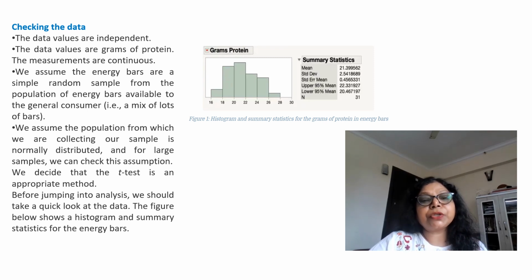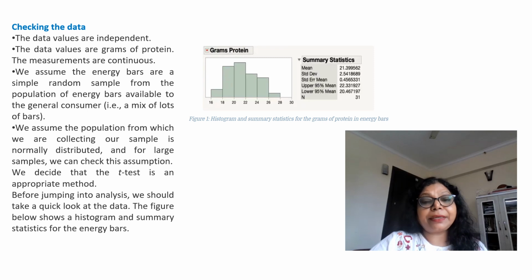Before jumping into analysis, we should take a quick look at the data. The figure shows a histogram and summary statistics for the energy bars. From this diagram, looking at the histogram, we can see that there are no unusual points or outliers.